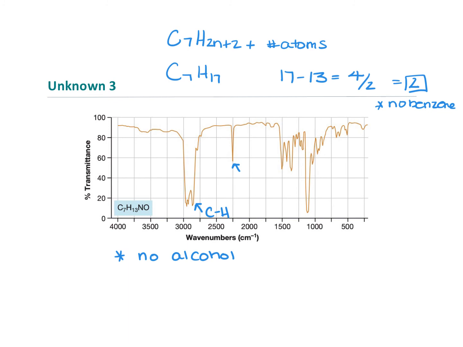It's right there in the middle between 2000 and 2500. So that's going to be about where you would get a triple bond or that carbon nitrogen. So remember, there's not a lot else that shows up there in that triple bond region. And so that's what we're going to see there.